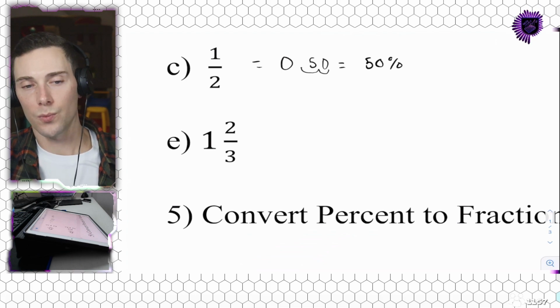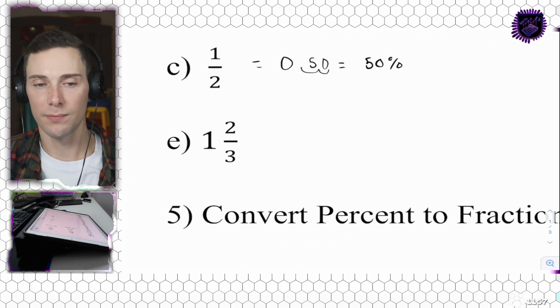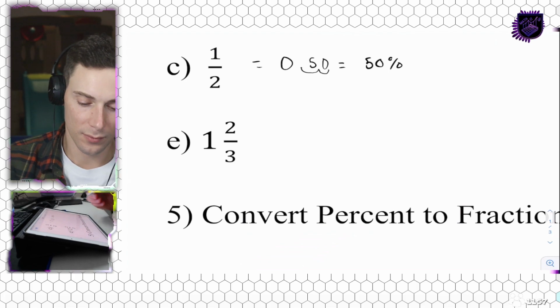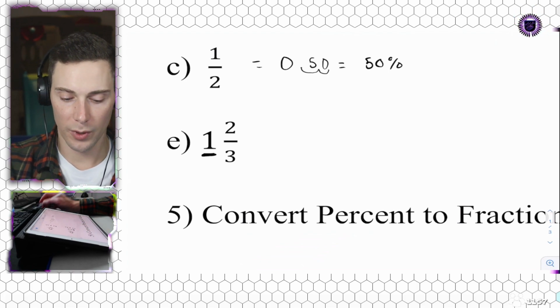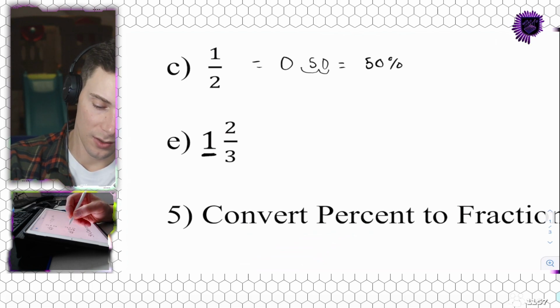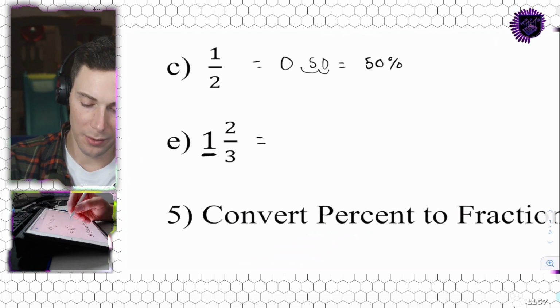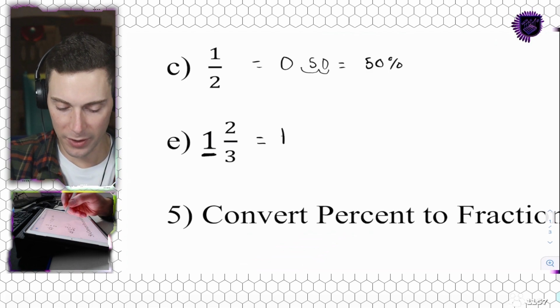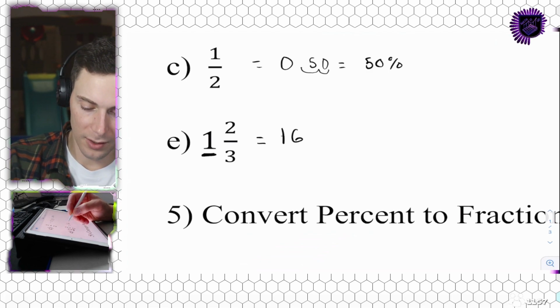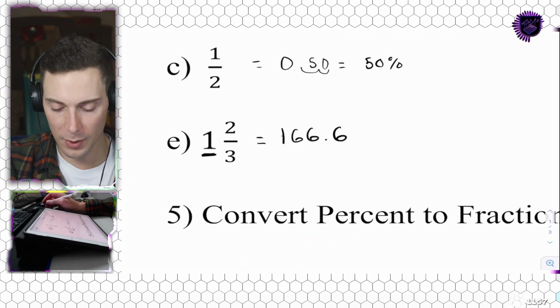Or we could just make the assumption that that's a 100% and add that on at the end. This is going to act as a 1 to whatever decimal we get here. So 2 divided by 3 is going to be equal to 66.6%, or decimal, and we're going to add our 100%.